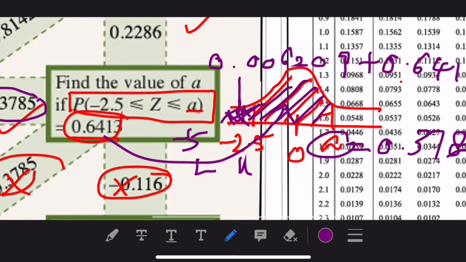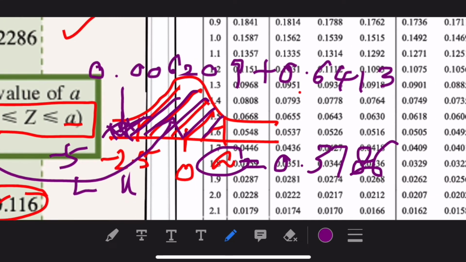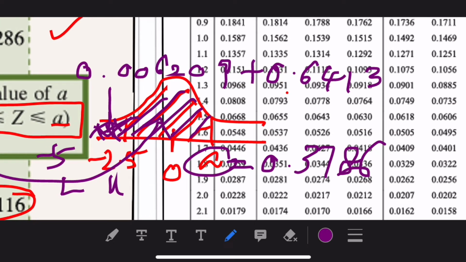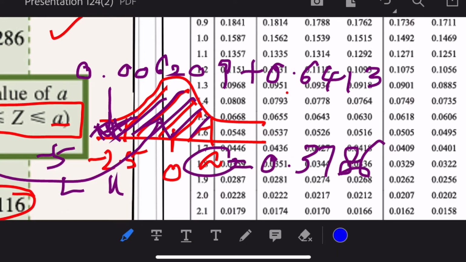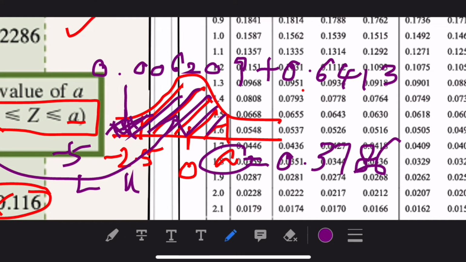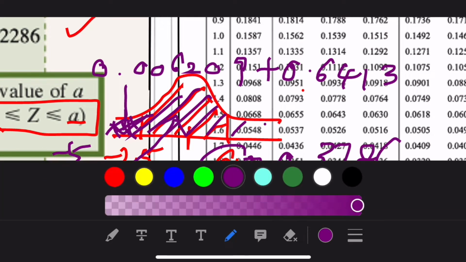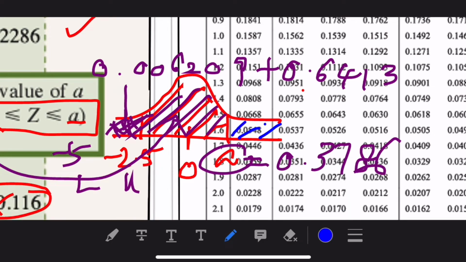You understand? If you use the normal distribution table, it is a bit troublesome, but it's not really tough. You just highlight the area shaded to the right. You can find this by using 1 minus this answer.